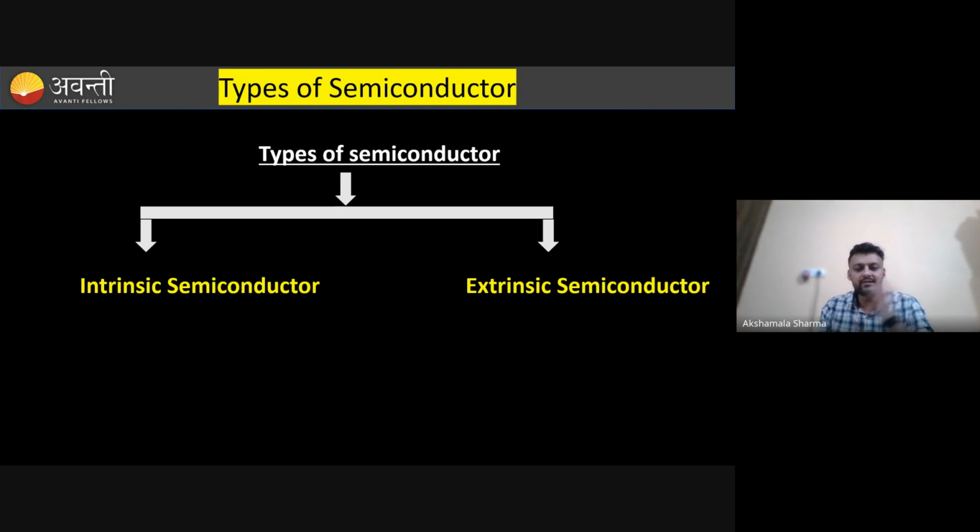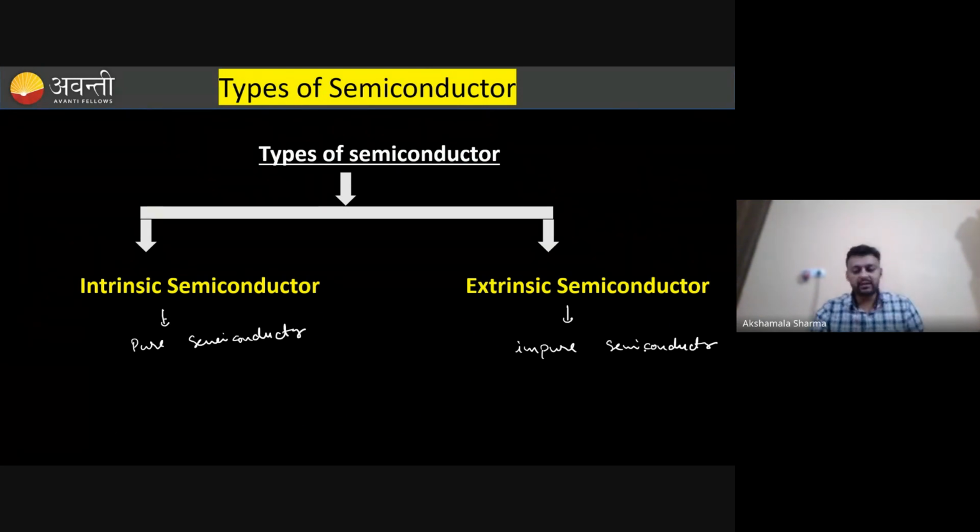In short, I will say intrinsic semiconductors are nothing but pure semiconductors, and these are impure semiconductors. We will discuss it. What is the meaning of this impure and pure semiconductor? So, in short, you can say intrinsic and extrinsic means pure and impure semiconductors.